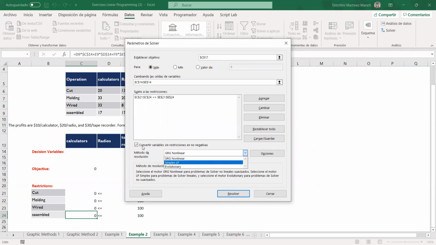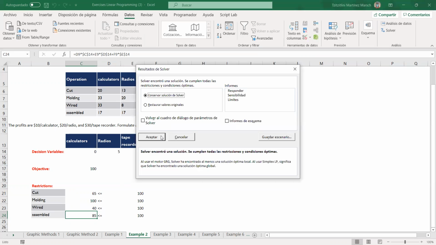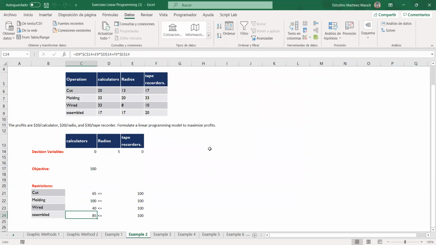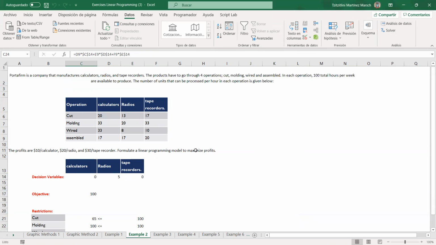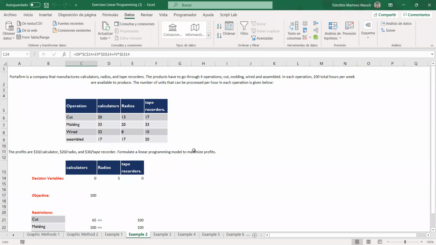I'm going to make sure it's Simplex, and that it's checked for non-negativity. And there's my answer. It says that my maximum is going to be 100, and it is going to be making 5 radios. So 5 radios is going to give me the most value out of it.